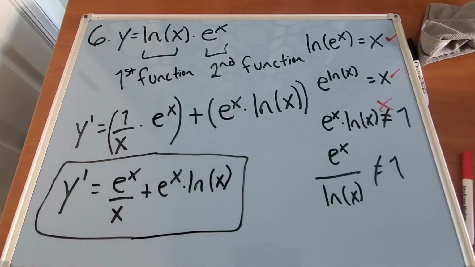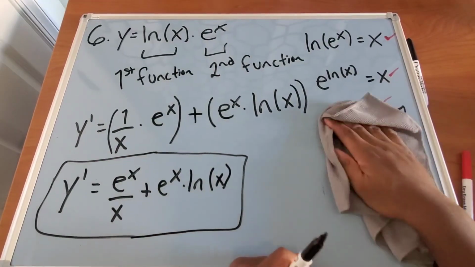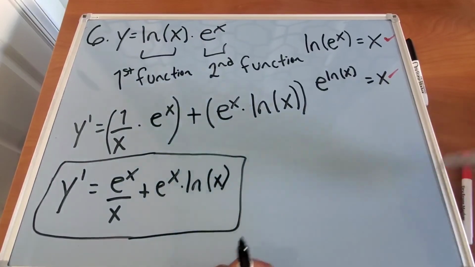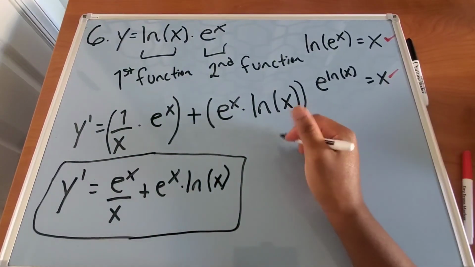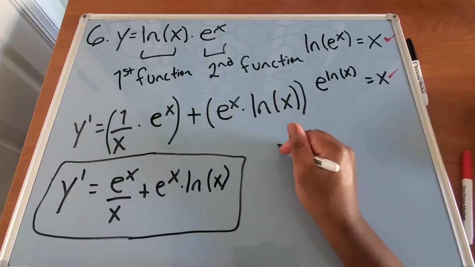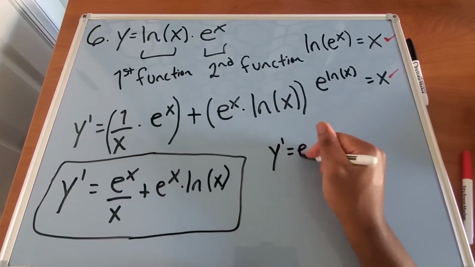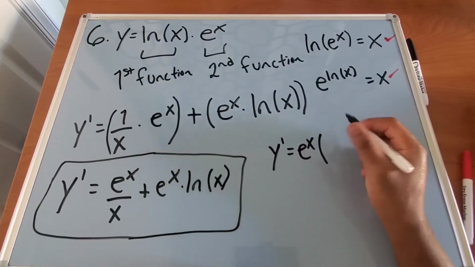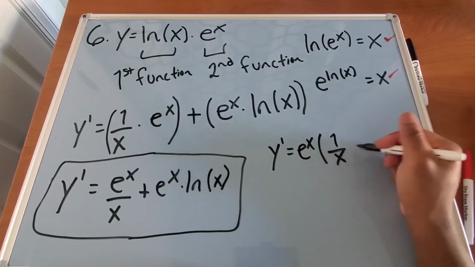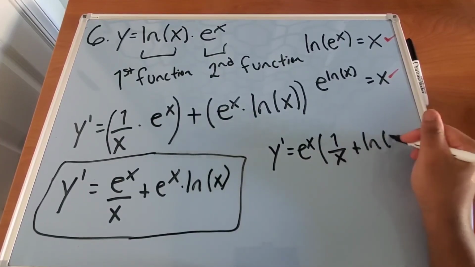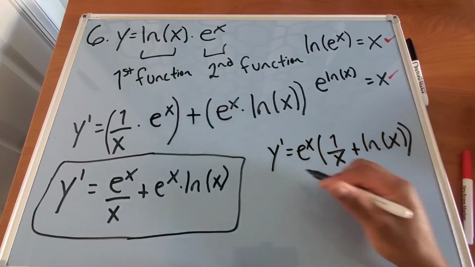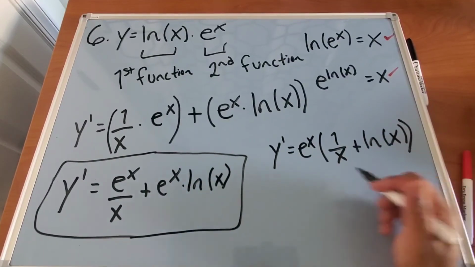If you wanted to pull out the e to the x, you can. So if you pull out e to the x, you would be left with, let's just do it off to the side here, e to the x times 1 over x plus natural log of x. We know that's equivalent because if we distribute out e to the x, we get the same thing.